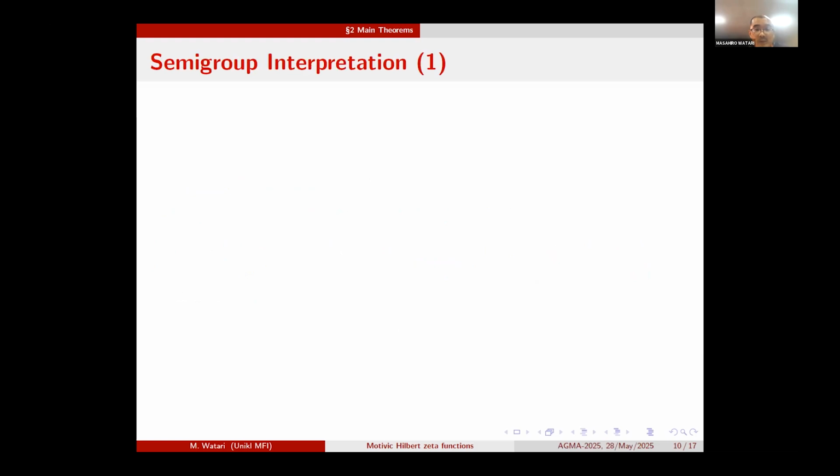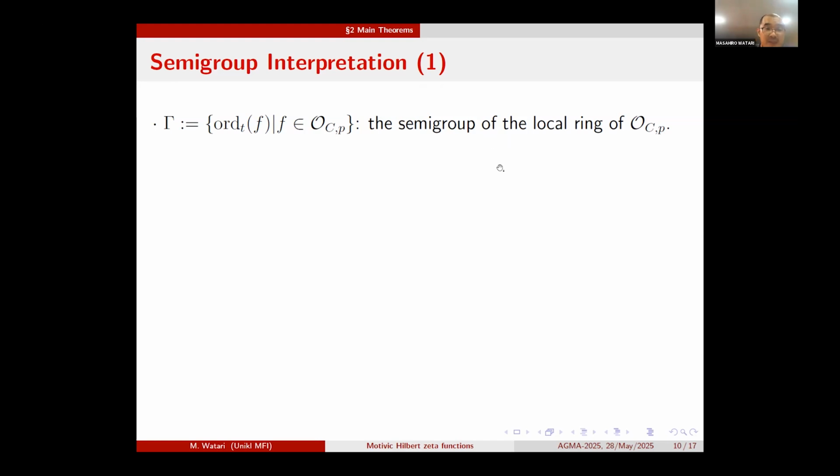Okay, so next we consider the relation between the semigroup and the Motivic Hilbert zeta function. Here, gamma is the set of all orders of F in the local ring of C at P. O_{C,P} is the local ring of C at P, and this set is called the semigroup of the local ring O_{C,P}.